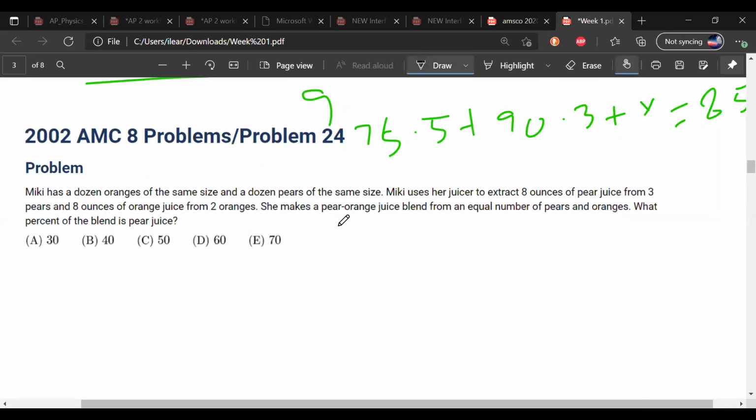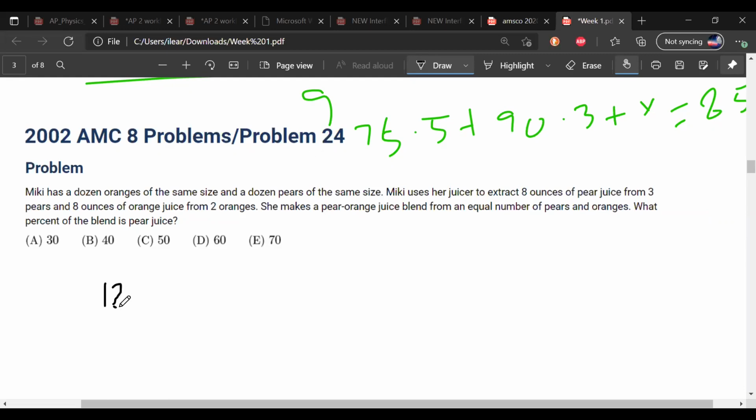All right. So this is also a pretty typical AMC 8 problem where you essentially just have to deal with algebra.